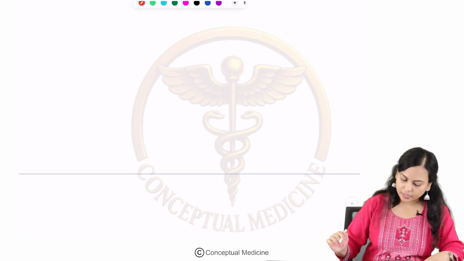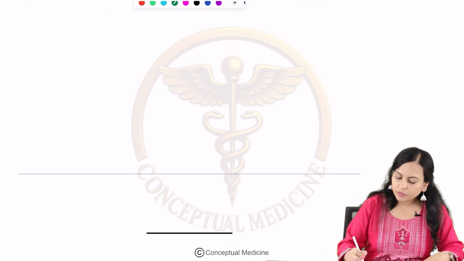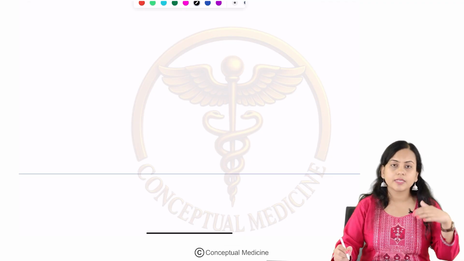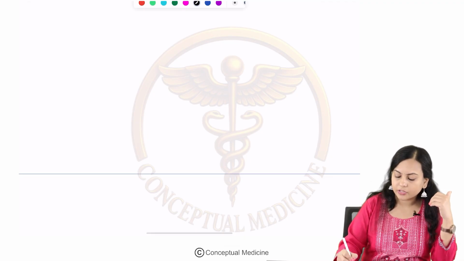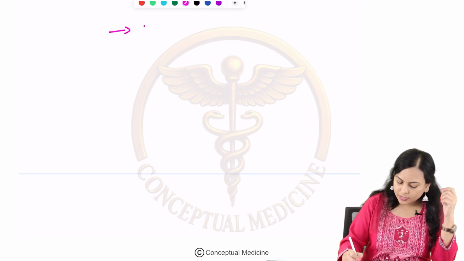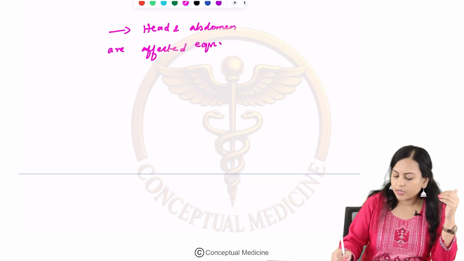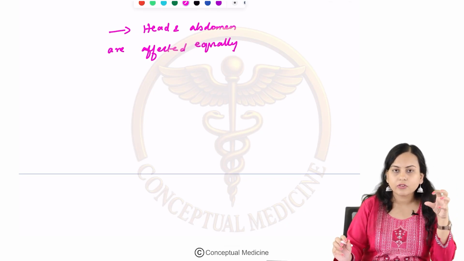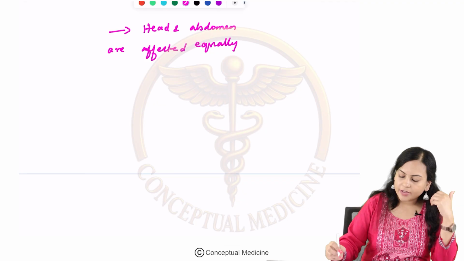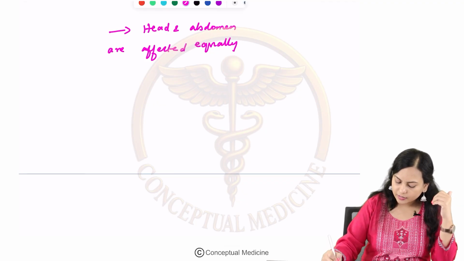Clear? Now, what are the clinical features that you will be seeing in the symmetrical and asymmetrical IUGR? In symmetrical IUGR, head and abdomen are affected equally. Okay, so that's why they call it a symmetrical IUGR. Whereas in asymmetrical IUGR, they are not equally affected.